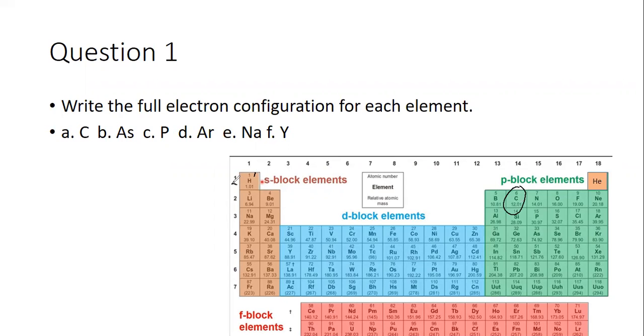Hydrogen is in the first row. That's what that 1 means. And it's in the s block. The brownish color right here are s block orbitals, and helium is also in the s block, even though it's all the way over here.